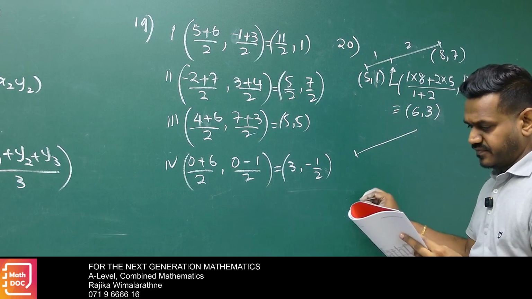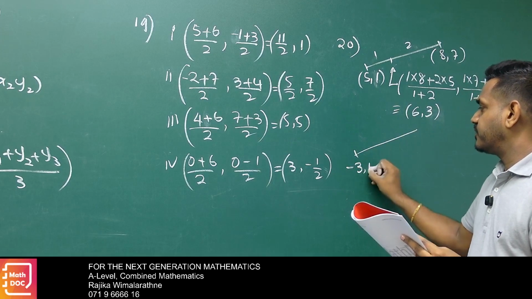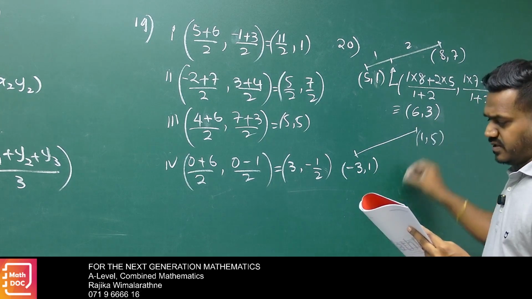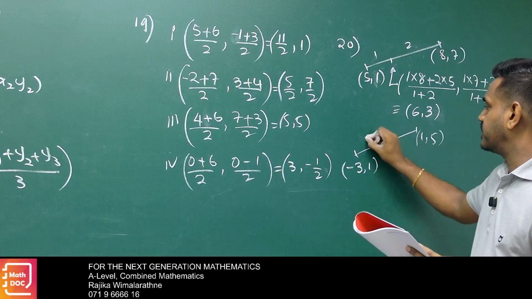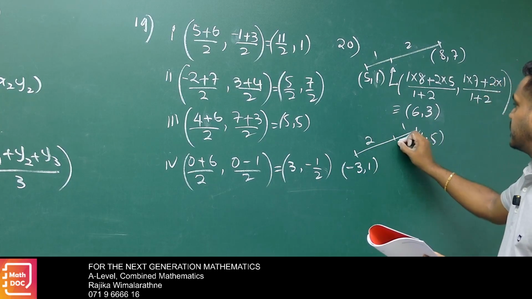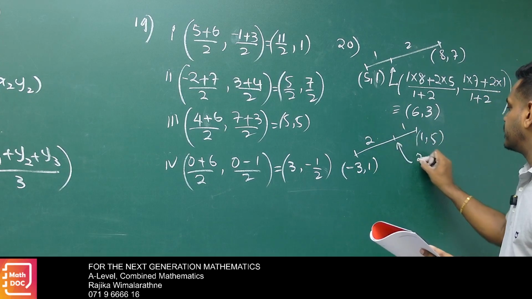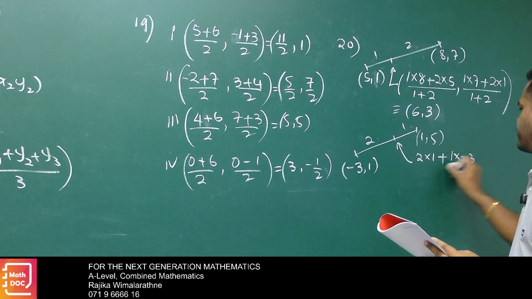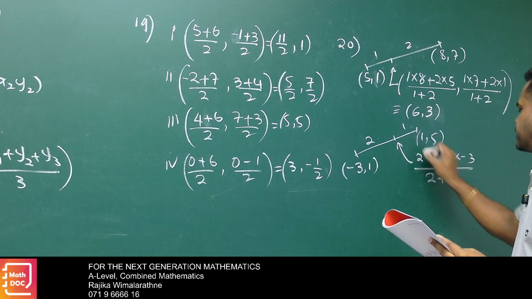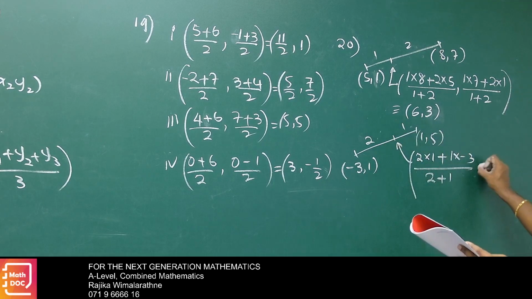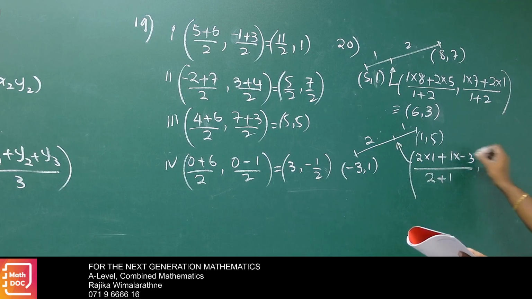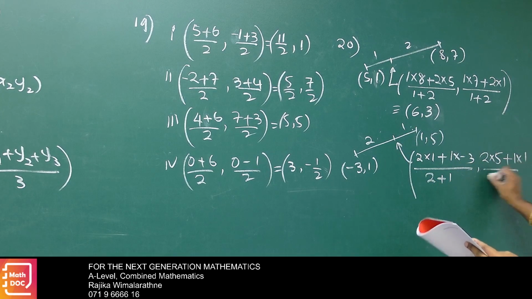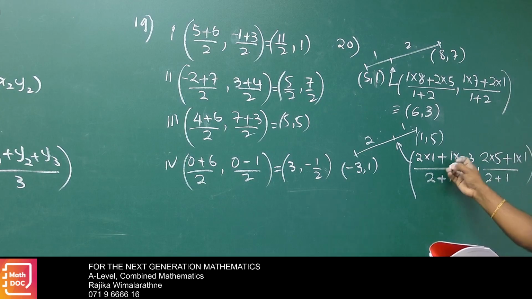Likewise practice (minus 3, 1), (1, 5). Internal division 2 to 1, first coordinate, first ratio. Here 2 times 1, 1 times minus 3, over 2 plus 1, 2 times 5, 1 times 1, over 2 plus 1.